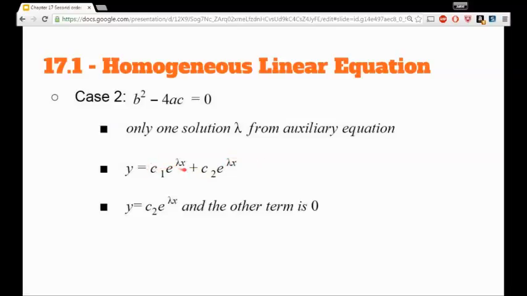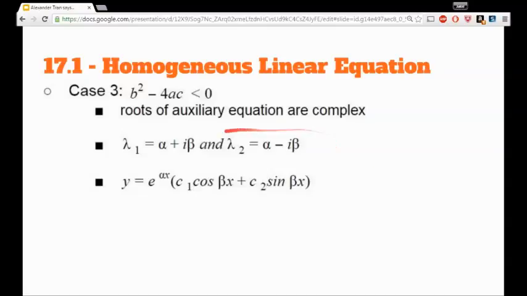And notice that these lambdas are the same, so they are not lambda 1 and lambda 2 anymore. And we will have a more general solution, y equal to c2 e to the power of lambda x, because the other term, c1 e to the power of lambda x, is just going to go to 0.